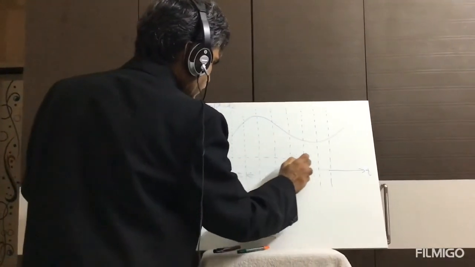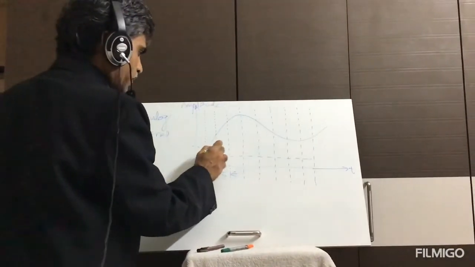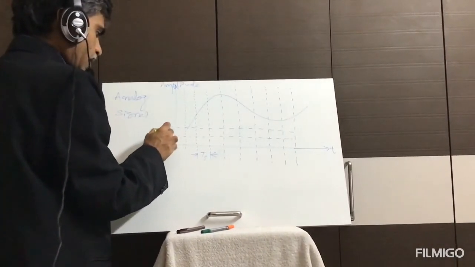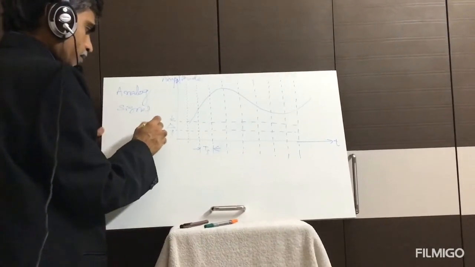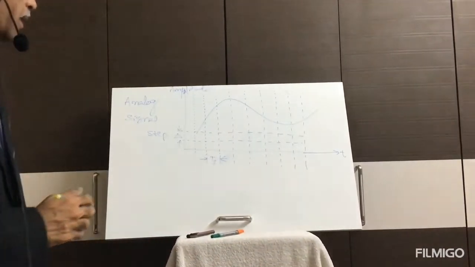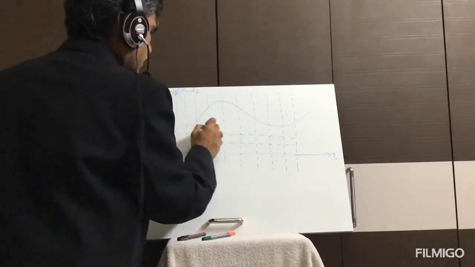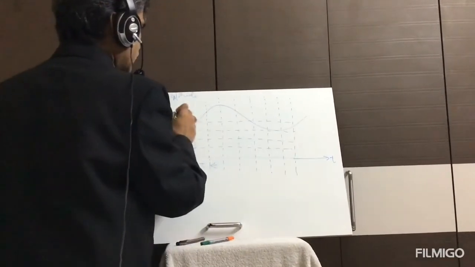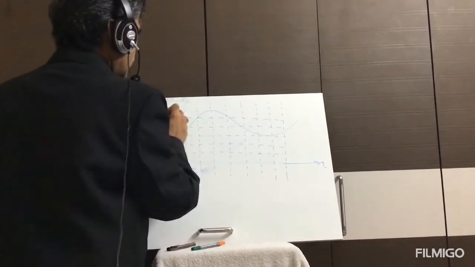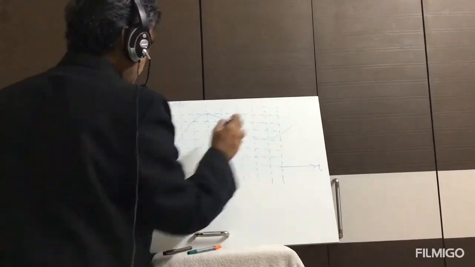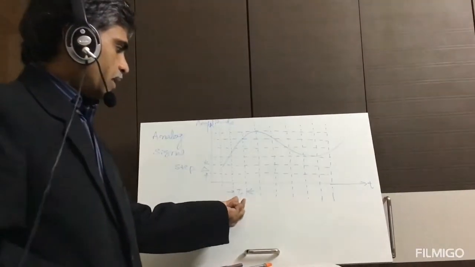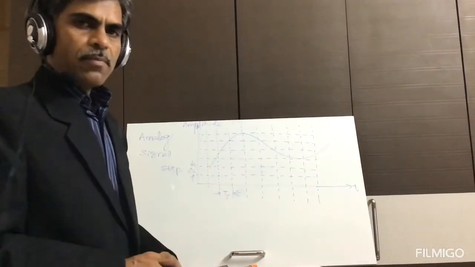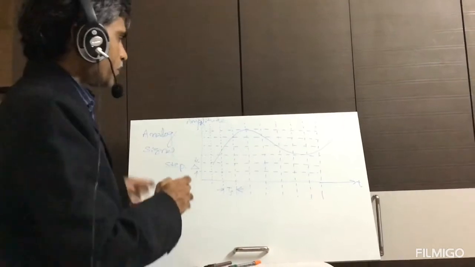This is the step size, in other words, indicated by delta. Like this, we make the segments in the amplitude scale as well as in the time scale. Each segment in the amplitude scale is named as step size delta, and each segment along the time scale is named as the sampling interval or sampling duration.